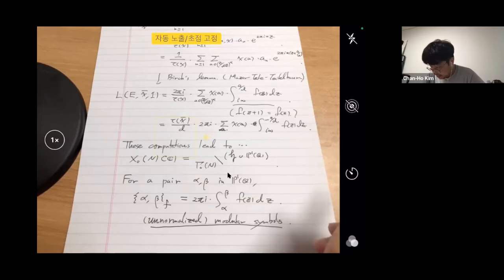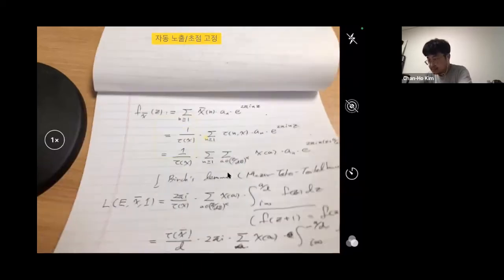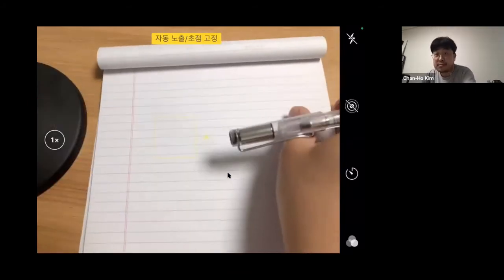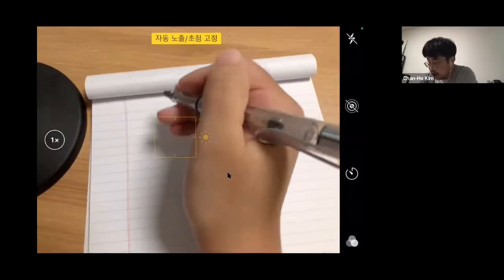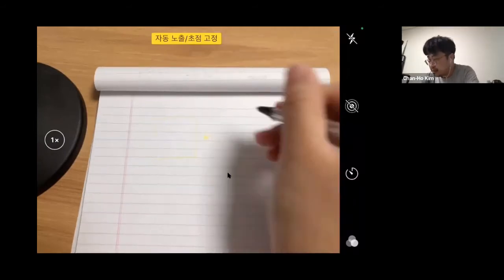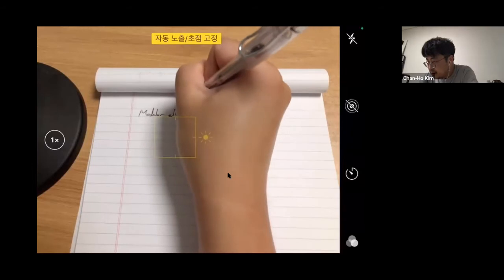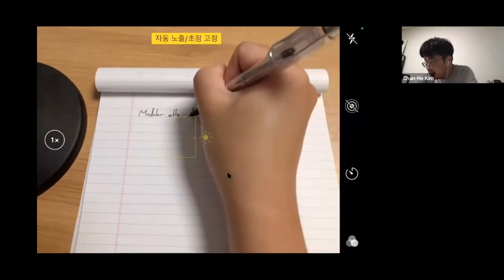Then from these elements, we want to construct some elements in the group ring, remembering all the twisted L values. Modular elements of Mazur and Tate.